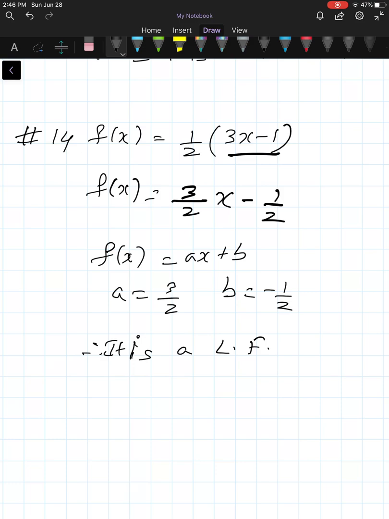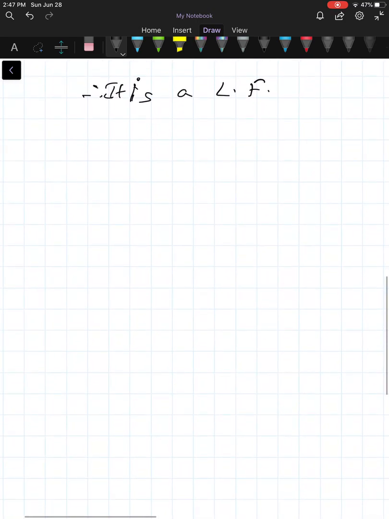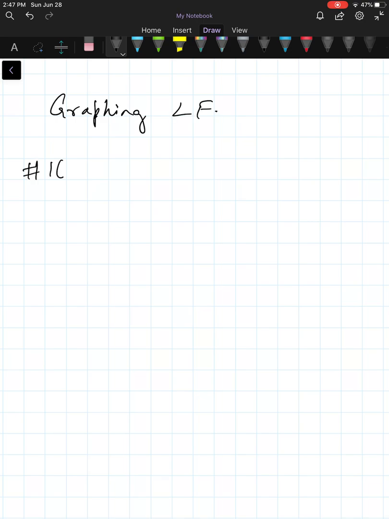We shall make a table of values, sketch its graph and find the slope of the graph as well. The concept we are learning is graphing linear functions. This is problem number 16 in your book. g of x is equal to 4 minus 2x is the given function.